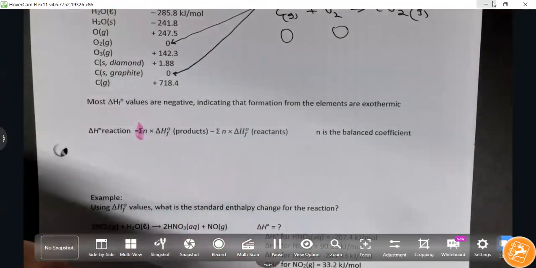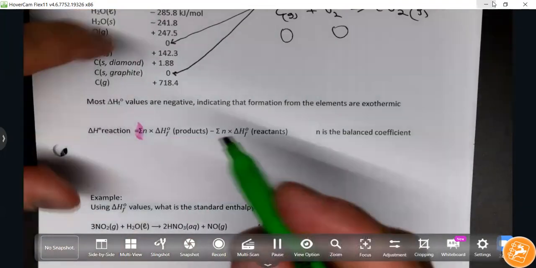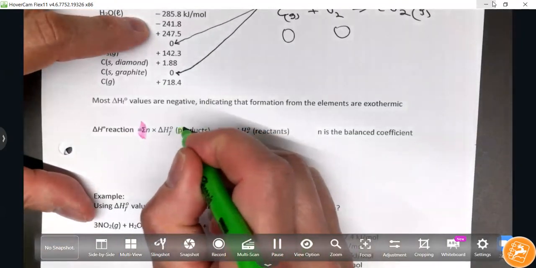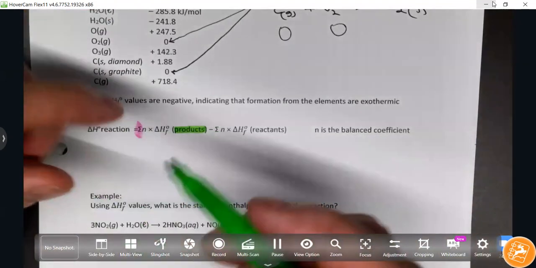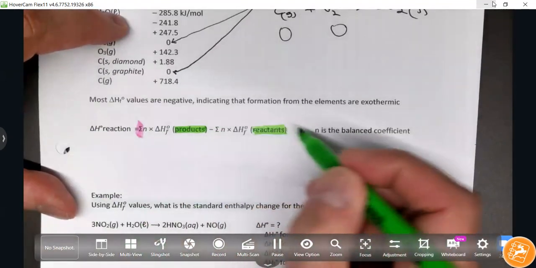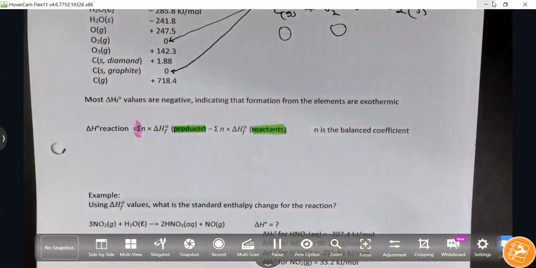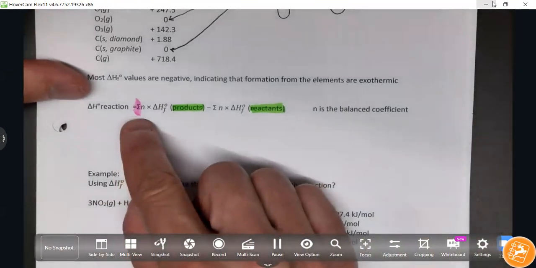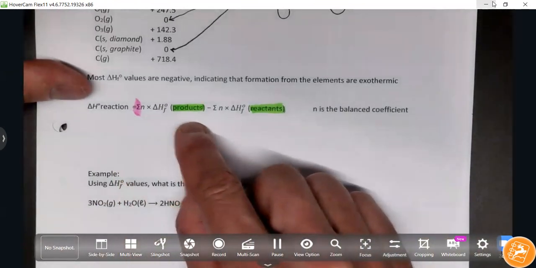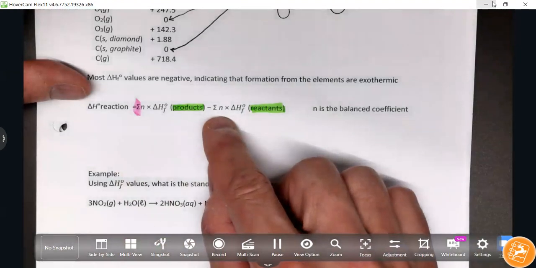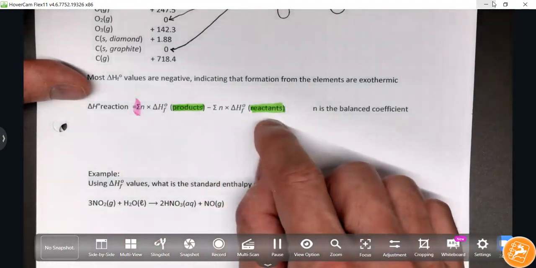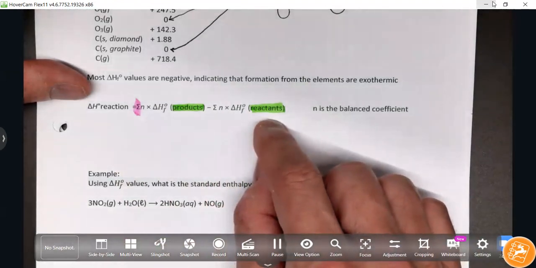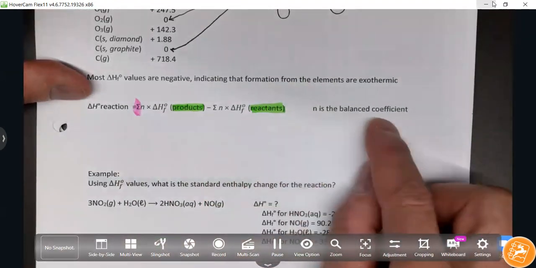So we are really doing products, adding up all of the products minus reactants. How much energy would it take to form everything that's on the product side, and we subtract how much energy it takes to make everything on the reactant side? n is just the balance coefficient.